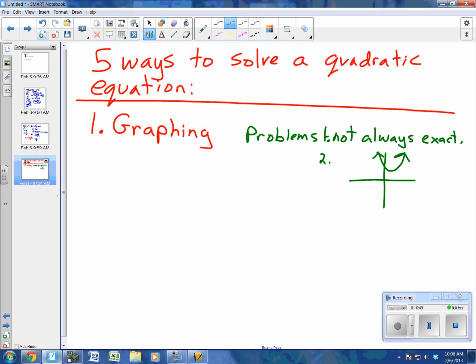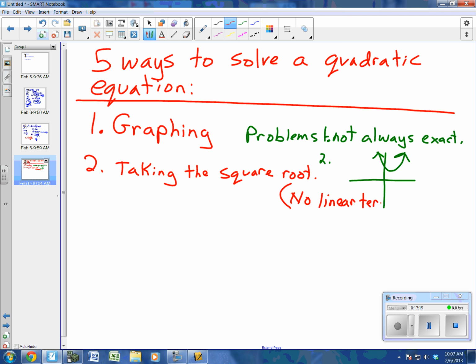Okay, the second way is by taking the square root. I don't remember if I talked about this in this class. I've talked about it in my honors classes. But I can't remember if I talked about it in here. Have I talked about it? Okay, the problem with this one, it only works if there is no linear term.